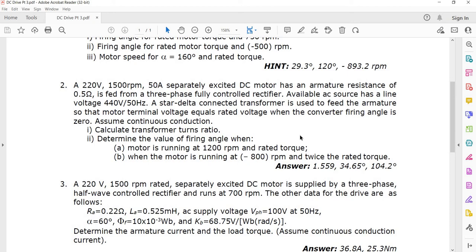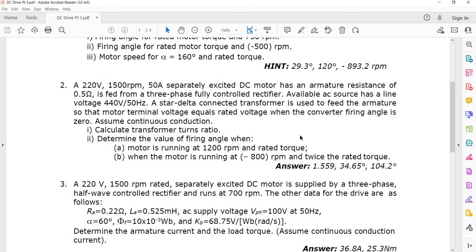So for this you have a 3-phase controlled rectifier with star delta connected transformer. So for the first question, calculate the transformer turn ratio, and next determine the value of the firing angle.